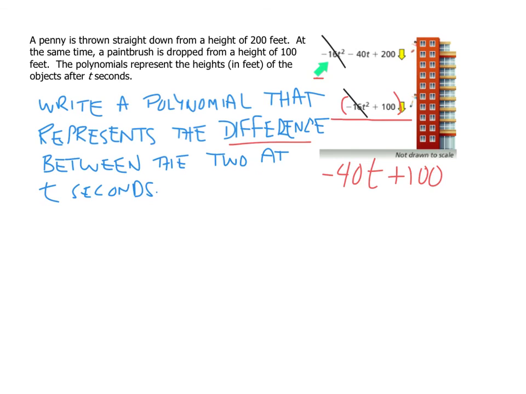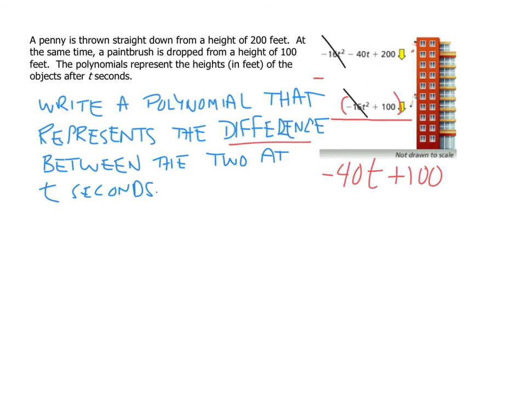But this negative 16 is telling us the gravitational pull. We said we were dropping this thing, and gravity's going to pull it down. That's really where this negative 16 is coming in. This number at the end, if you think about it, if t was 0, meaning right before we dropped it, this is our initial value, which would be our y-intercept if I was graphing this.